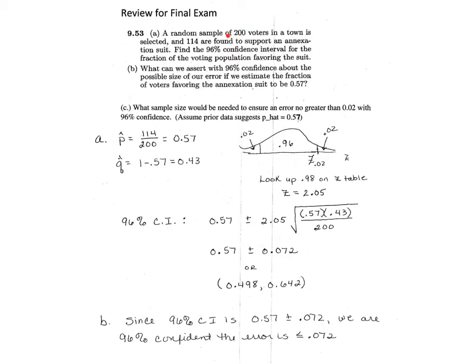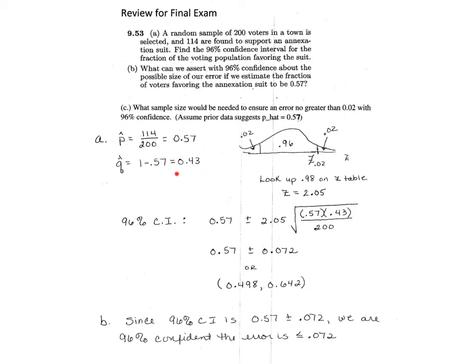So we have N equals 200, and there are 114 of them who are in support of the suit. So we have P hat equals 114 divided by 200, which gives us 0.57. From that, we can also calculate Q hat, which is just the complement, or 1 minus 0.57, and that gives us 0.43.